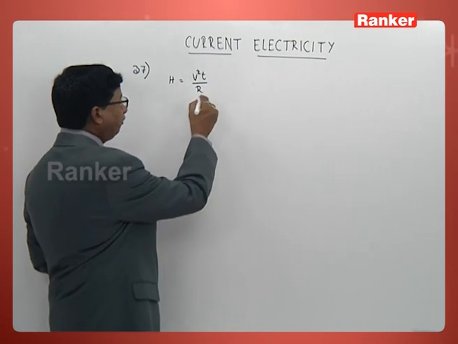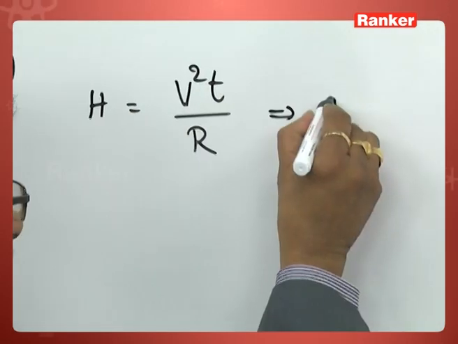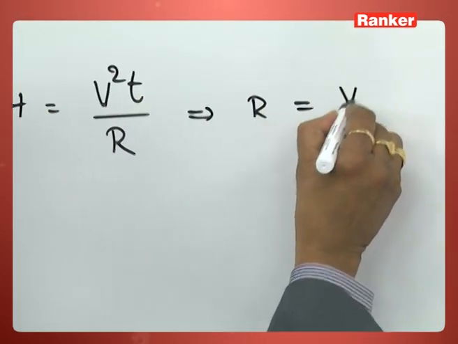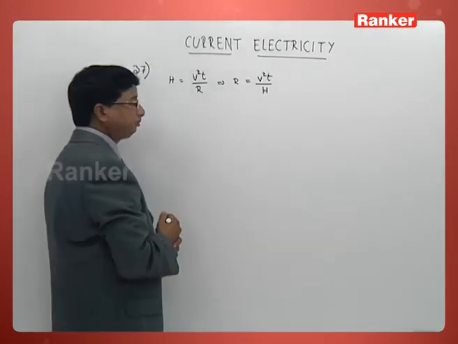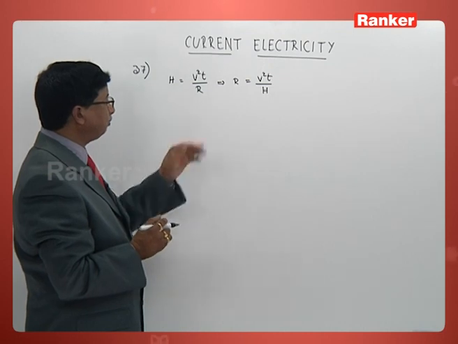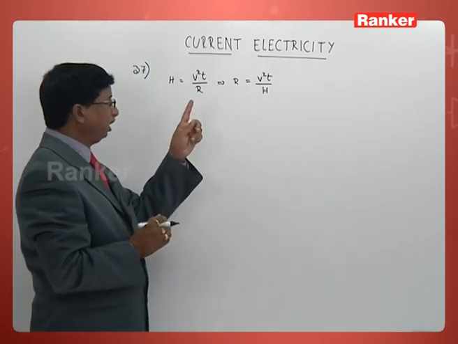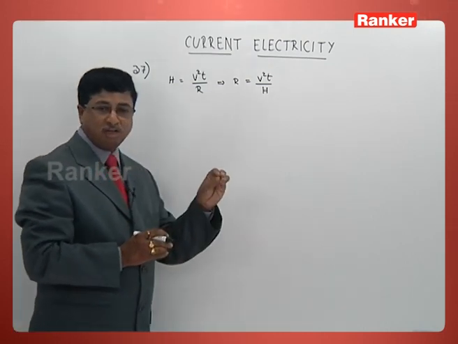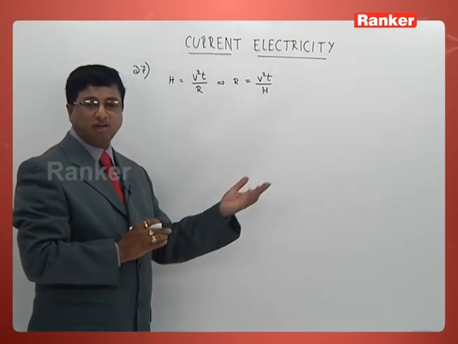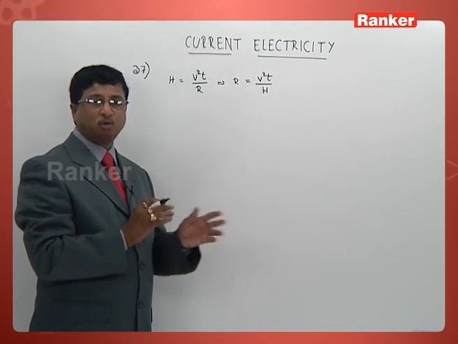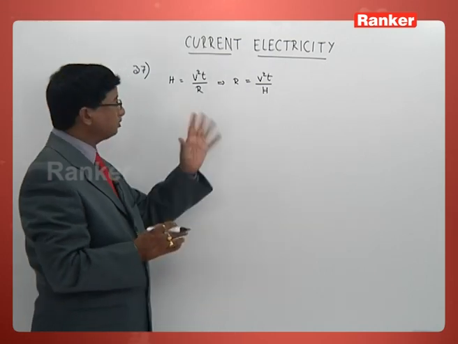So what can we write from this? R is equal to V square T by H. Time has been taken as 10 minutes for the first, and the second is taking 15 minutes. Both are now connected in parallel. That is the concept.